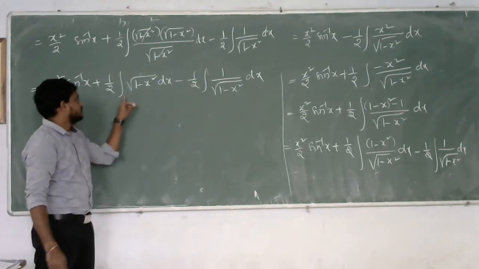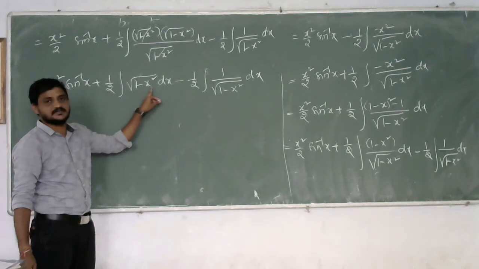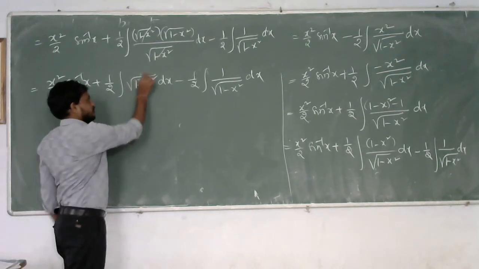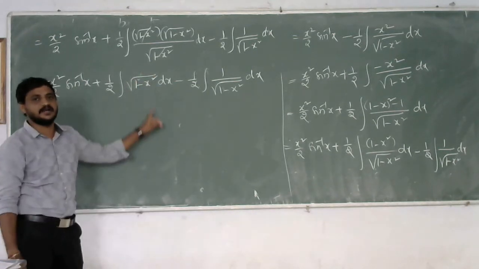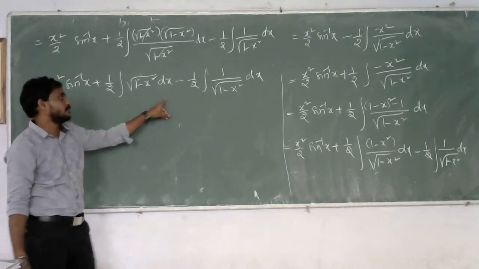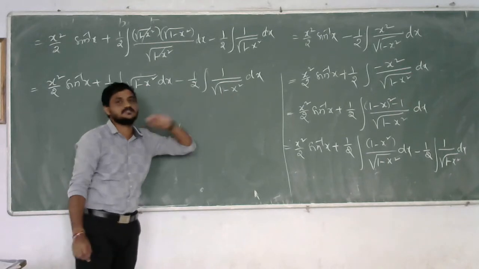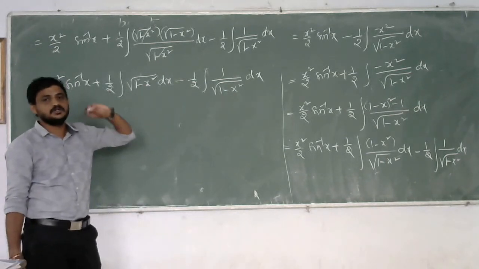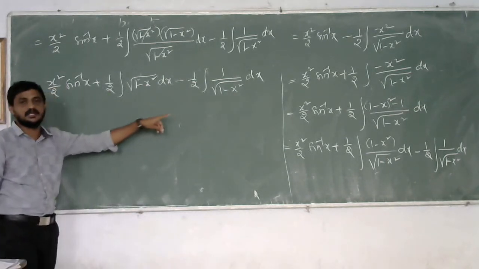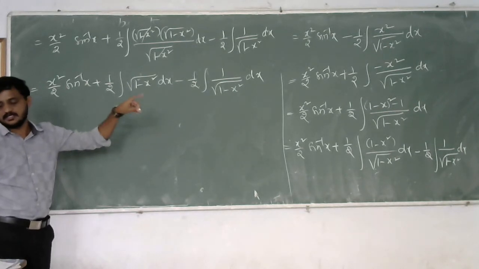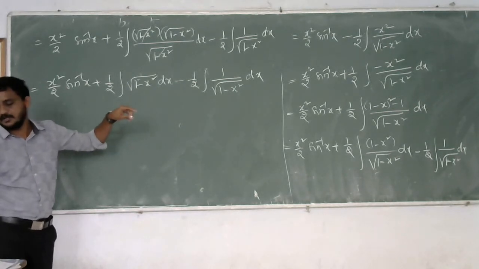Integral under root of 1 minus x square is nothing but 1 square minus x square, that is the a square minus x square formula. Then the integral of 1 by under root of 1 minus x square into dx formula. We have two formulas, right? So let us write those two formulas.